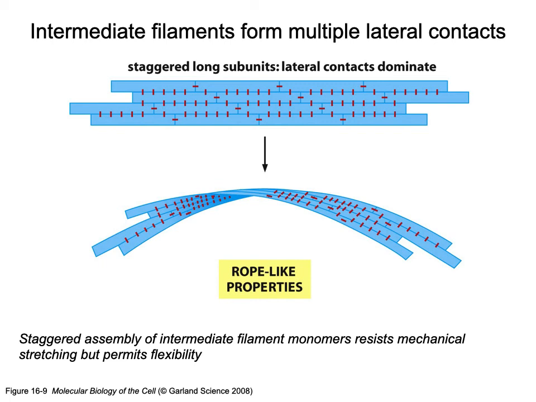And so they end up having a very rope-like property, right? If you were to look at a rope or a thread, it's not one single fiber, it's multiple fibers that are actually spun together.